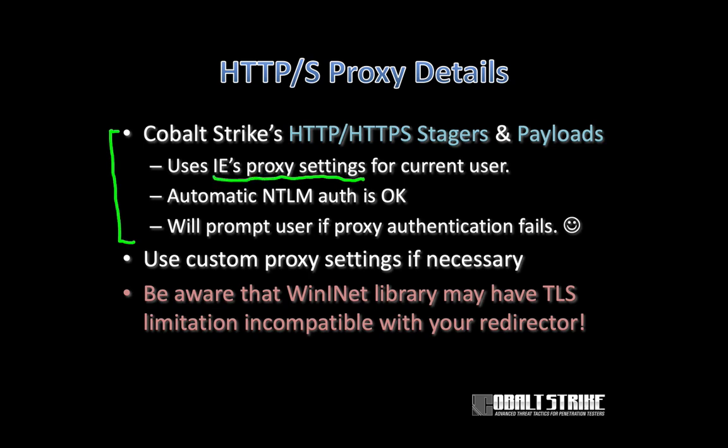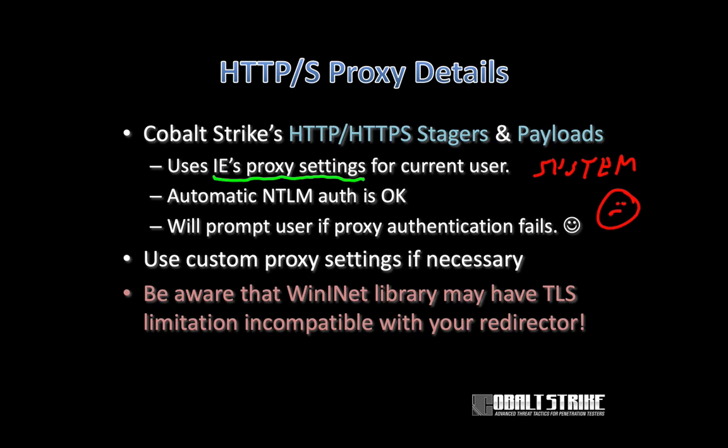So if your beacon process is running in the context of a domain user and Internet Explorer can get out, you should be able to get out as well. Conversely, if you are not running in the context of a domain user, for example, if you are in a process context running as system, you have no proxy awareness and you are not getting out if there is a proxy required.